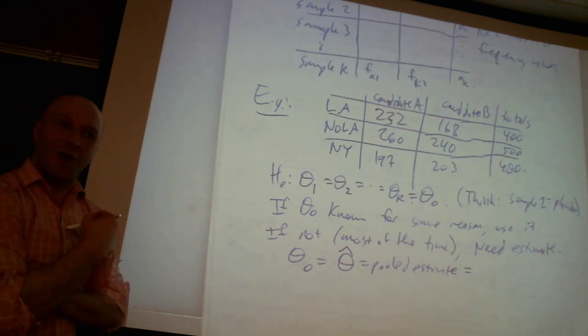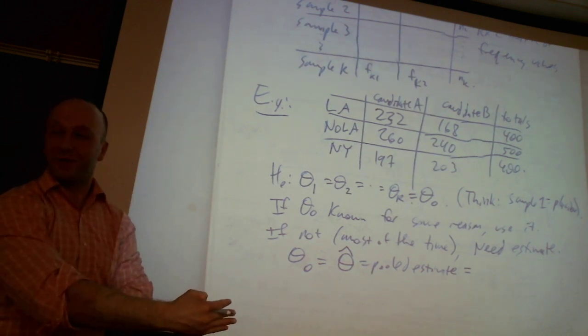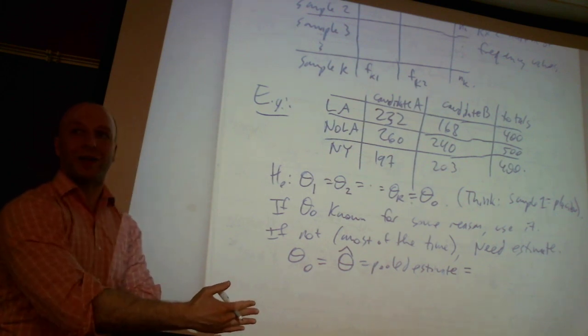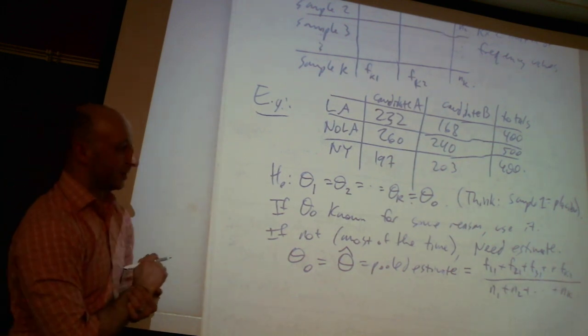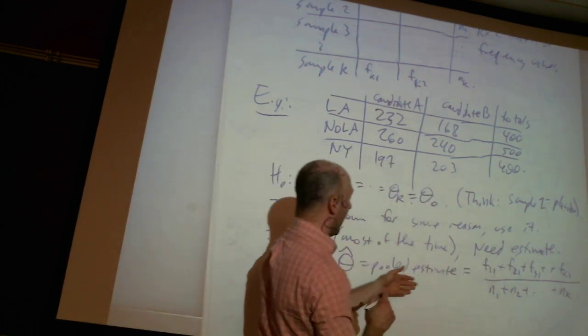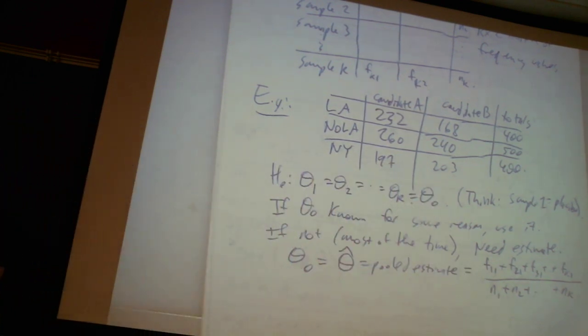So why not just take all the successes we've seen, divided by all of the trials? So this is F11 plus F21 plus F31 out to Fk1, these are the successes, divided by N1 plus N2 plus Nk, the total number of trials. This is the pooled estimate along all of the trials that we've seen.